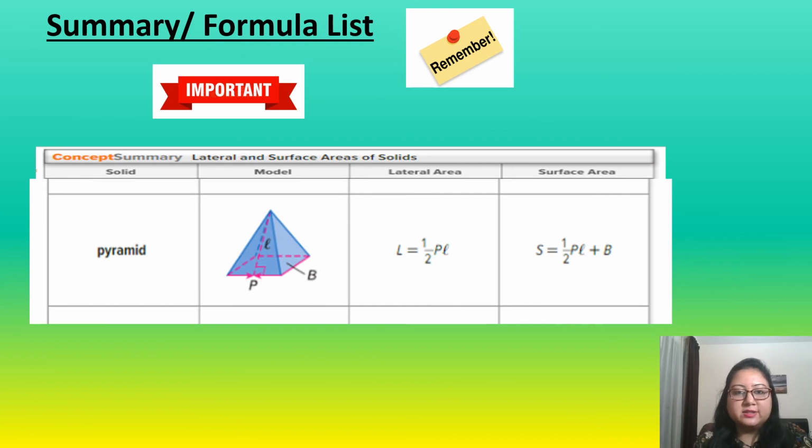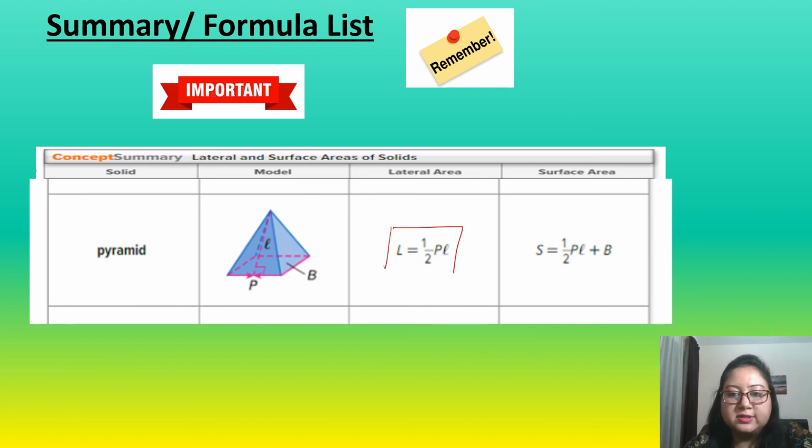Let's summarize the concept that we've learned today. In this session, we focused on regular pyramids and we found the lateral area and the total surface area of regular pyramids. Remember the two formulas that I want you to learn so that you can use them for solving questions.